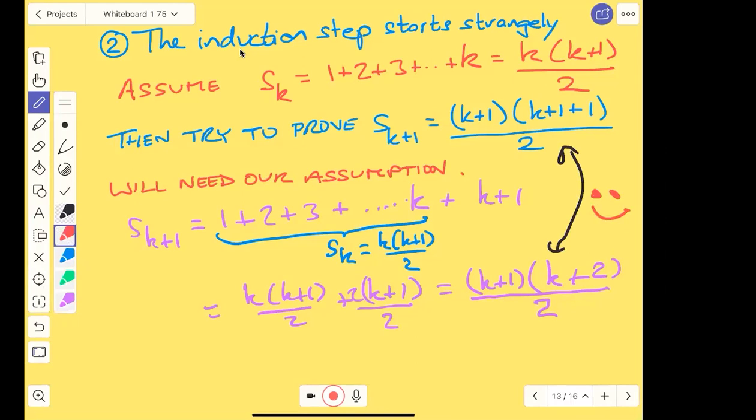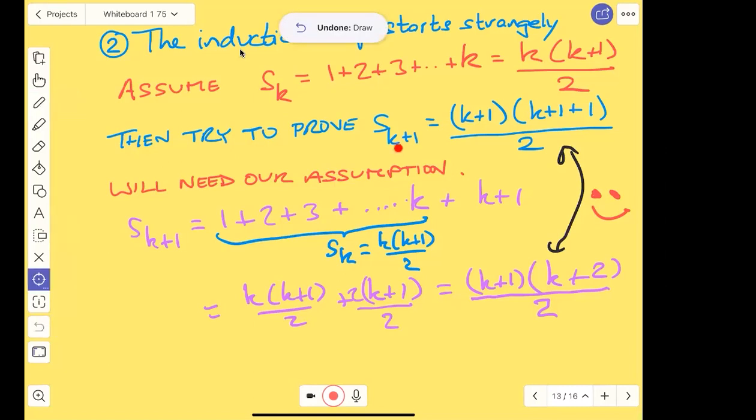So the logical idea is we know that this is true for k is 1 or n is 1. And we've just said if it works for this, we've just proven that it must then work for the next one.